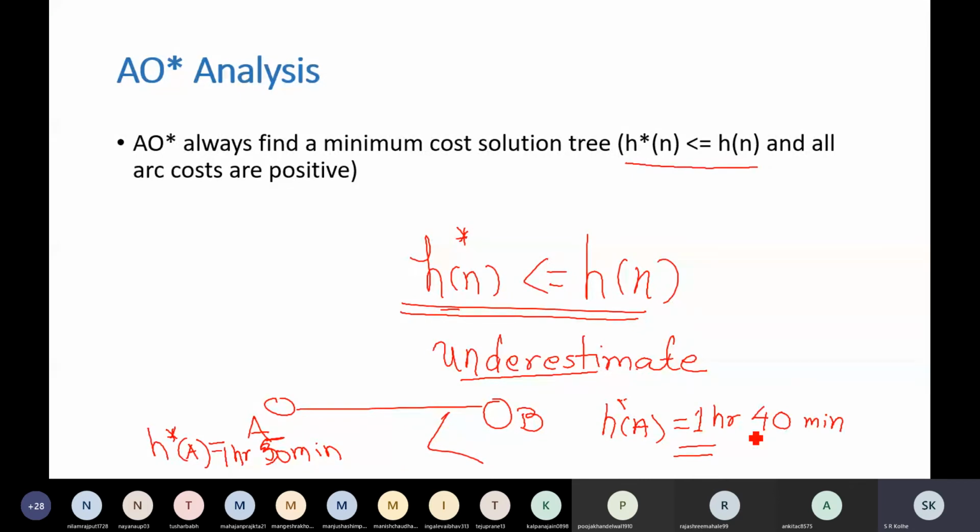What will happen because of this in execution of any algorithm like A star or best first?